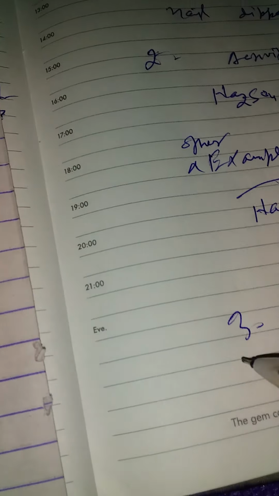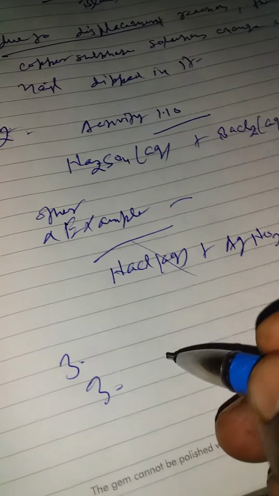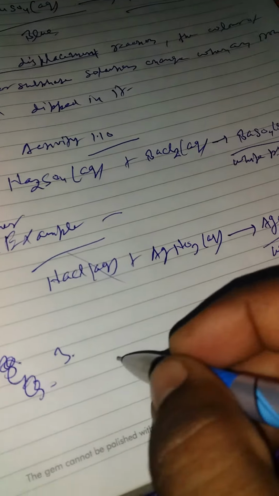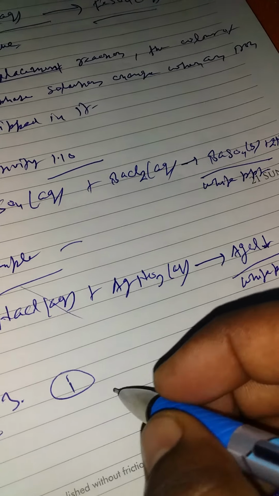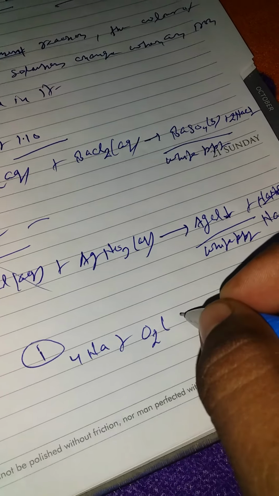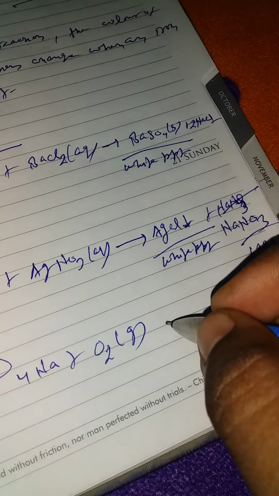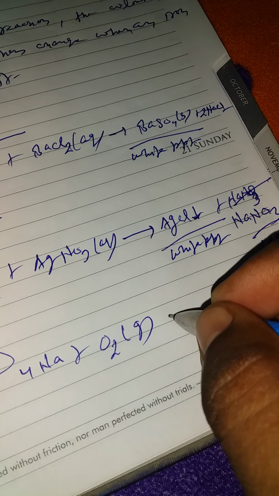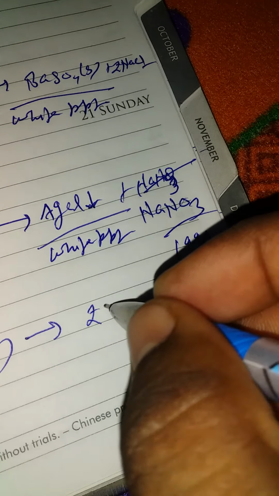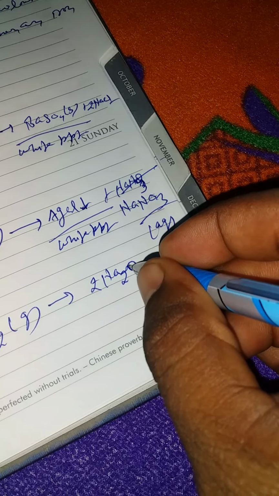Number 1 for third: 4Na reacts with O2 gas to form 2Na2O. Identify the substance that is oxidized and reduced.